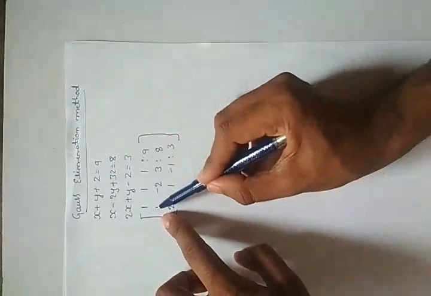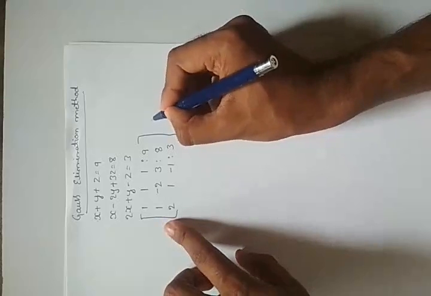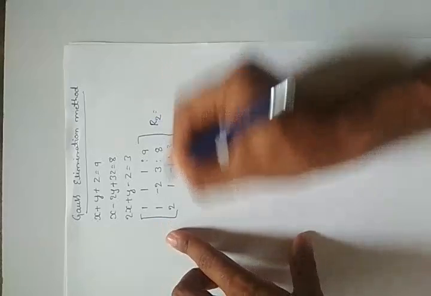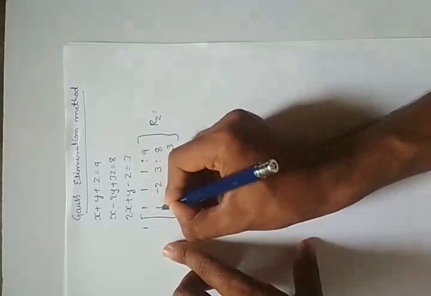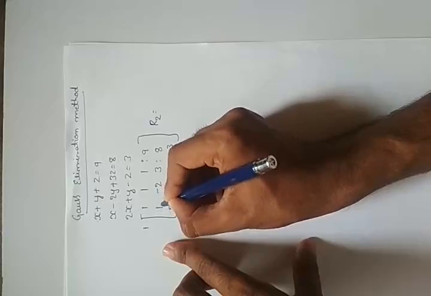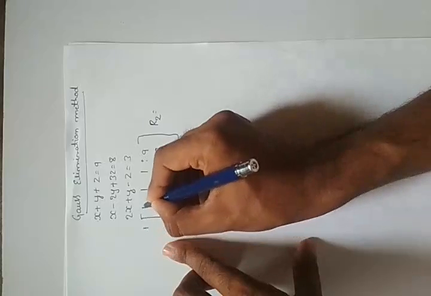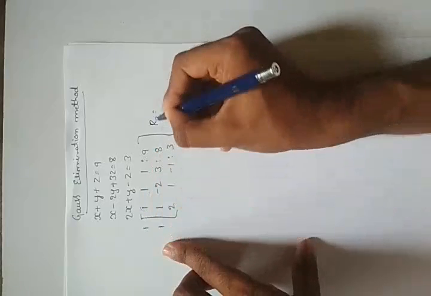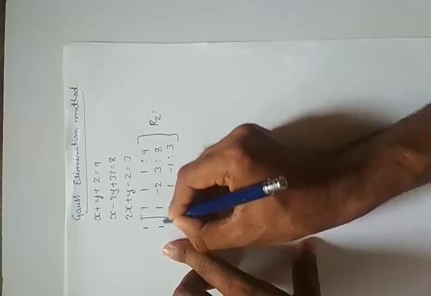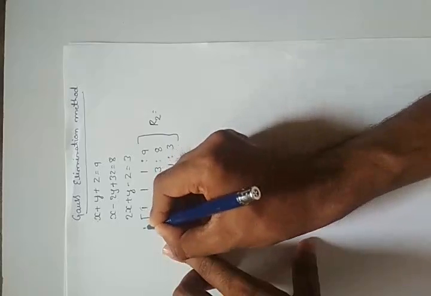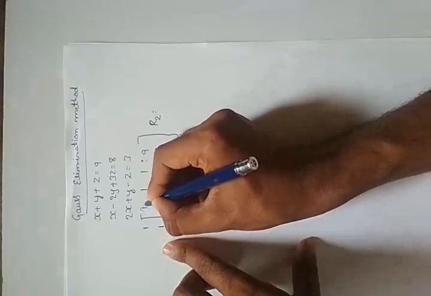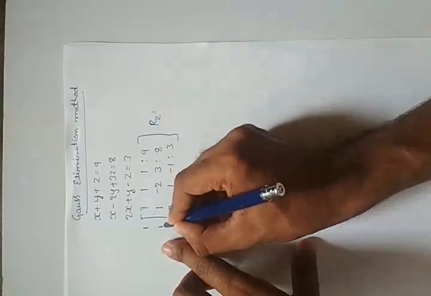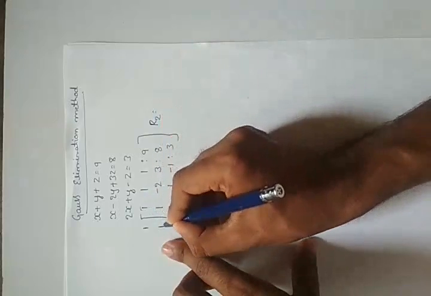So first I will reduce the second row, that's why I am using the row reduce operation. So write R2. Take the first value present in the second equation and the value present in the first row, and multiply all the row elements by 1.